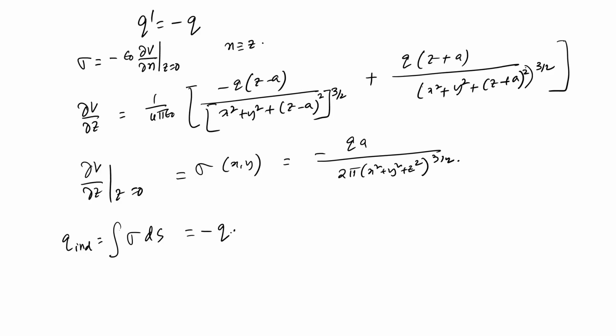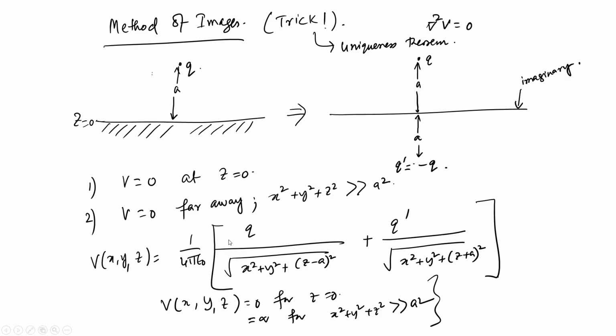So, the upshot of this problem is that we changed the problem from a point charge q in front of a conducting plane to one where we remove the plane completely and put two charges, q and q prime, where later on q prime came out to be minus q, and we wrote down the potential function purely by applying this trick.